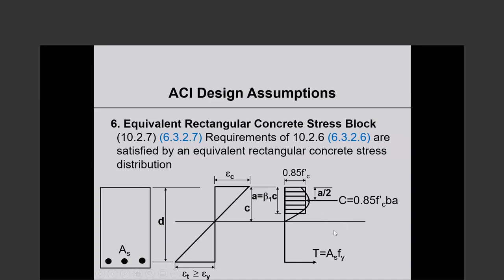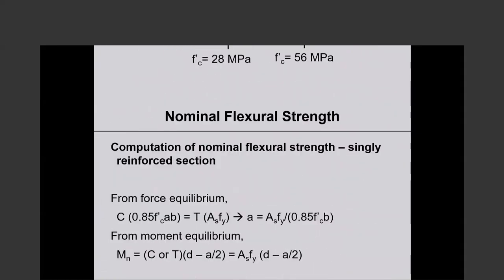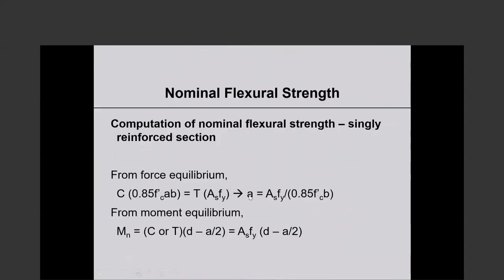So the moment is either the tension force or the compression force multiplied by this distance of d minus a by 2. Now this moment is the nominal moment strength, because we have postulated that the strain at the extreme compression fiber of concrete is 0.003. So we have an expression for the stress block depth and also the nominal moment strength, as we call it.